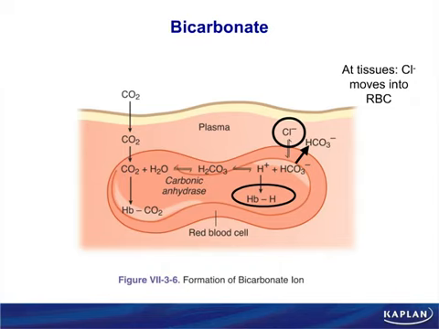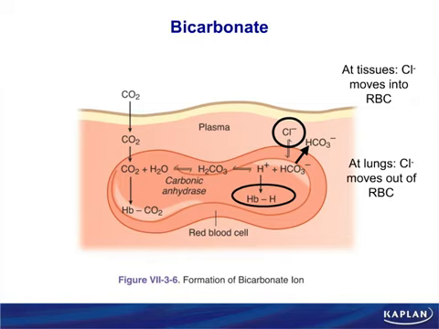Now, if you think about it, what's going to happen at the lungs? We're just going to reverse everything. CO2 is going to move out of the plasma and go into the alveolus. So we're going to take this chemical reaction and drive it back to the left. And we'll keep driving it to the left because the CO2 will leave the red blood cell, go to the plasma, go to the alveolus.